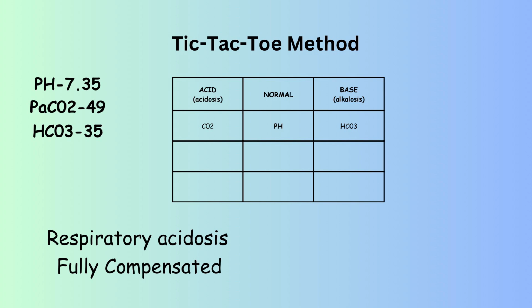And then the HCO3 is 35, which is alkalosis. So because we have a PaCO2 of 49, which is acidosis, we are dealing with a respiratory problem. So here it is respiratory acidosis, but fully compensated.